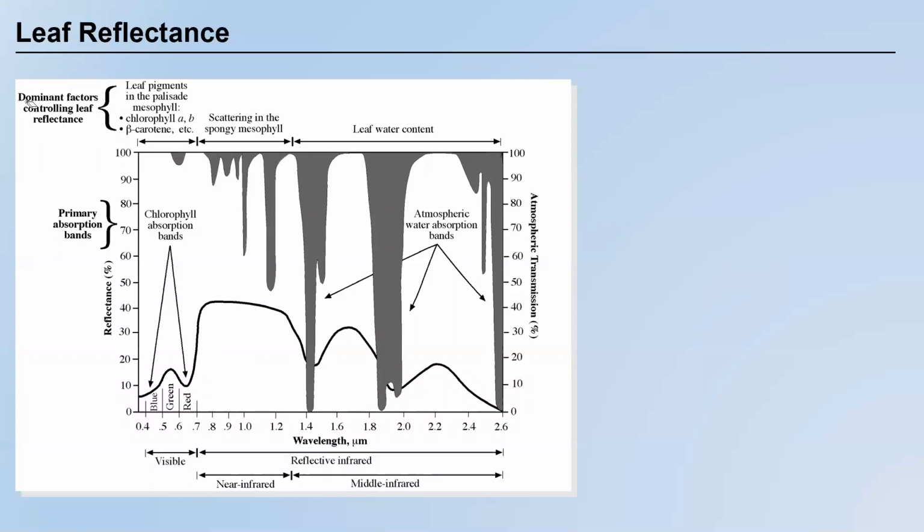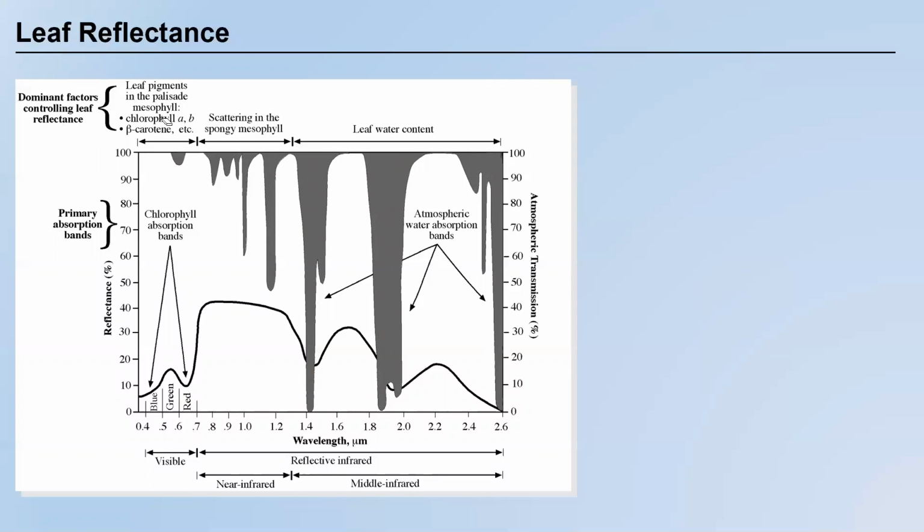So there are dominant factors controlling leaf reflectance, including leaf pigments in the palisade of a leaf, okay? Also, within the mesophyll of a leaf, there are chlorophyll A and chlorophyll B, and there are other contents in the leaf.